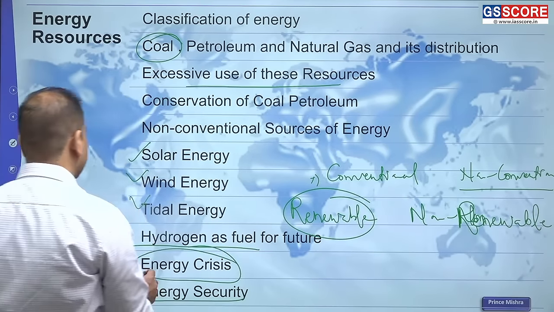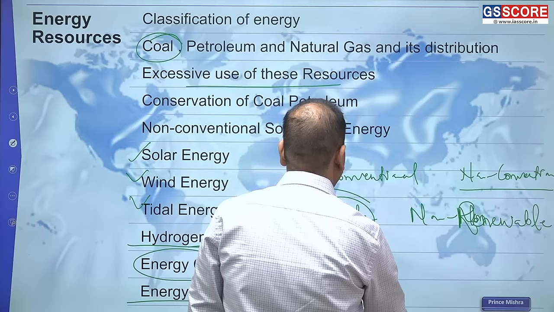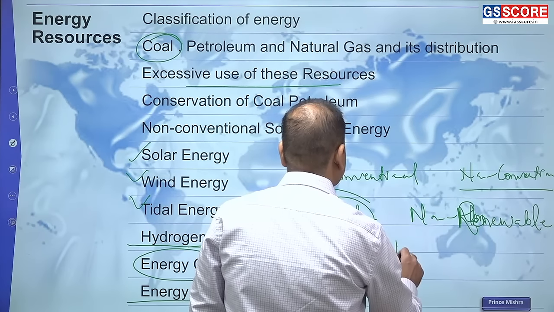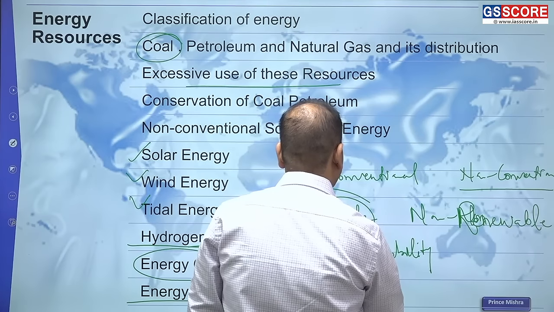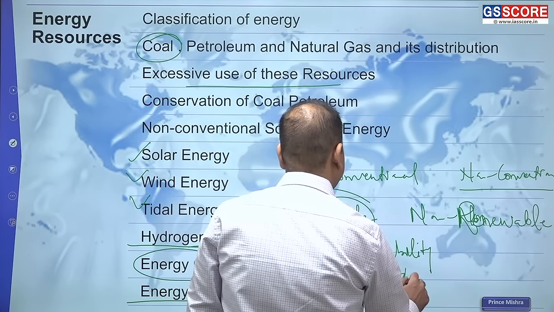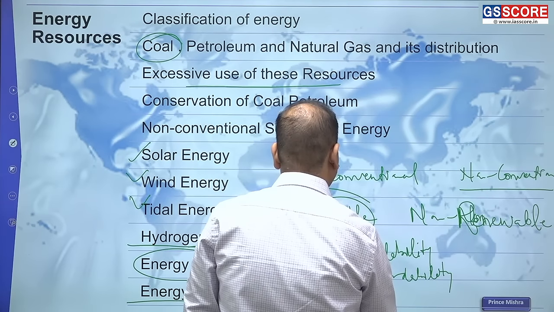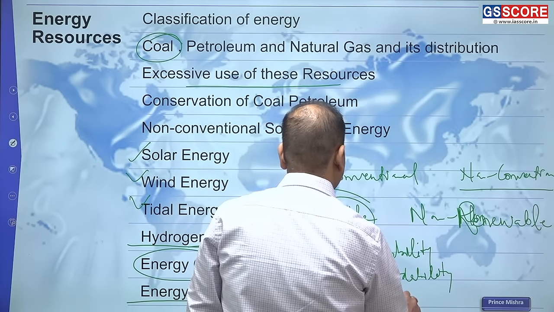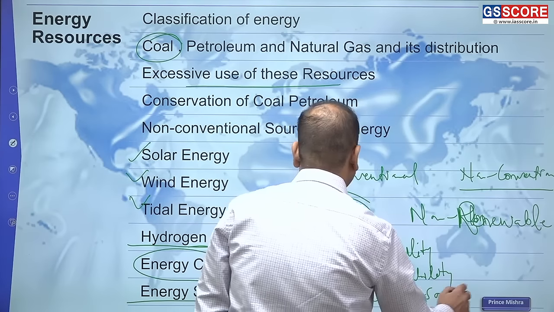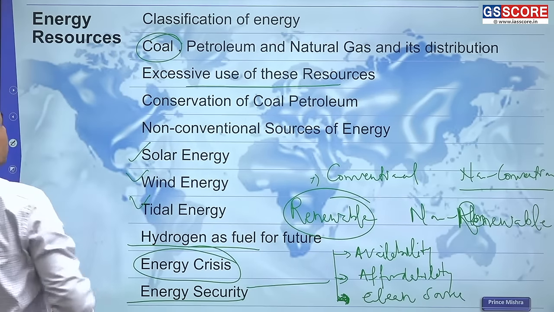So in the present context, energy security involves three important issues: the issue of availability, the issue of affordability, and the issue of clean energy. It should be clean, affordable, and easily available.